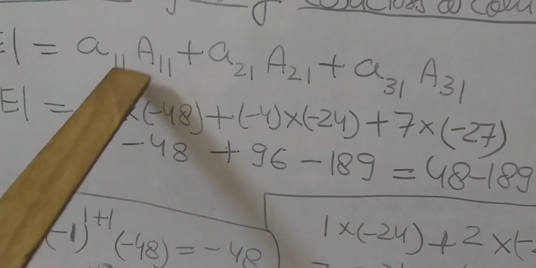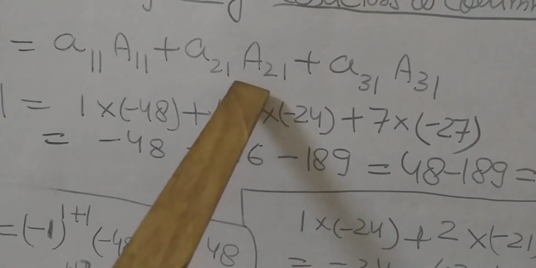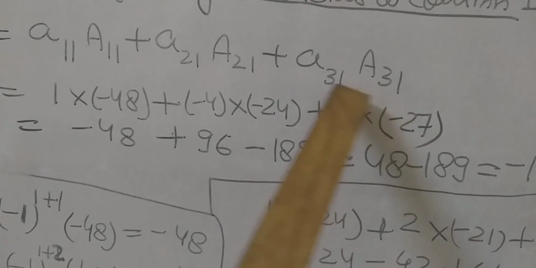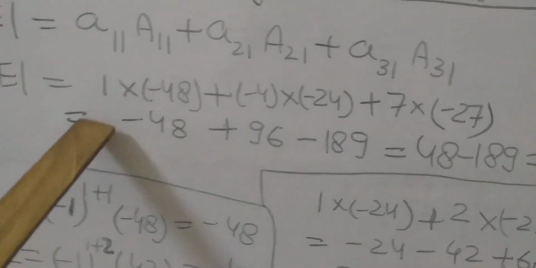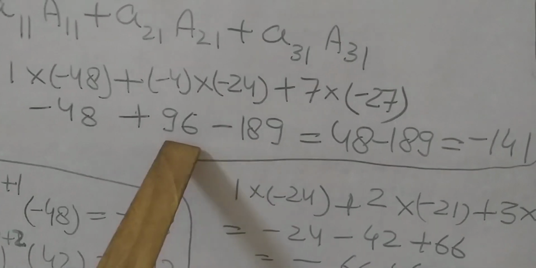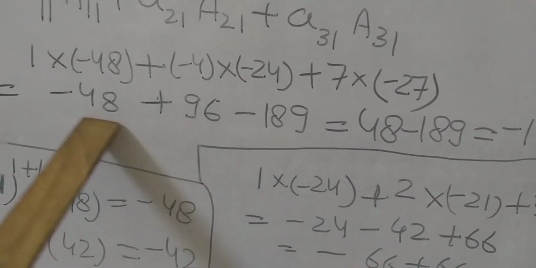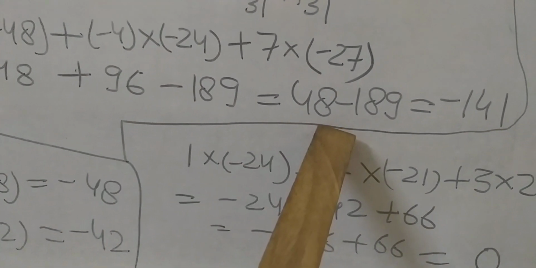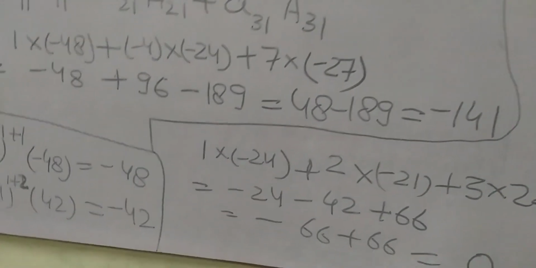So a11 into A11 is 1 into minus 48, a21 value is minus 4, its cofactor is minus 24, plus a31 is 7, its cofactor A31 is minus 27. Let us do the calculation: minus 48 plus 96 minus 189. So the answer is minus 141.